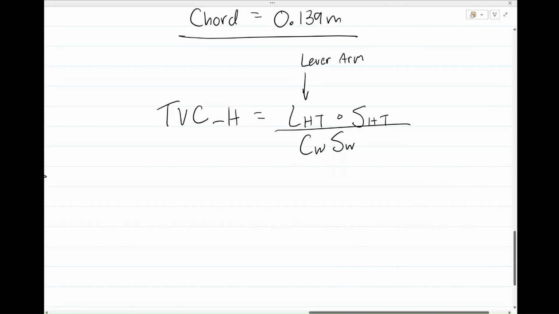So if you noticed, we've decided this as a decision parameter. We solved for this earlier, we solved for this earlier, and we're kind of looking for this right now.